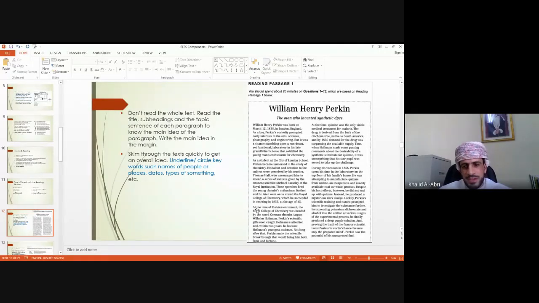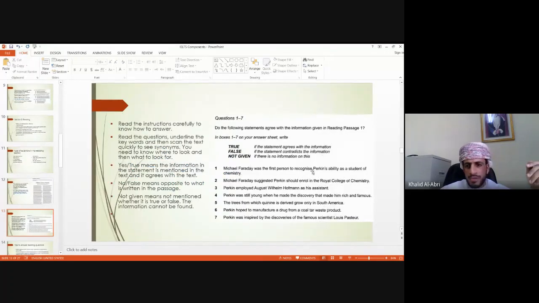Okay, so the answer is false because, as you can see here, his talent and devotion to the subject were perceived by his teacher, Thomas Hall. So it was not Faraday who recognized it first. He used a synonym here, perceived, and in the question he used recognized. So the answer is false, because it was recognized by his teacher.